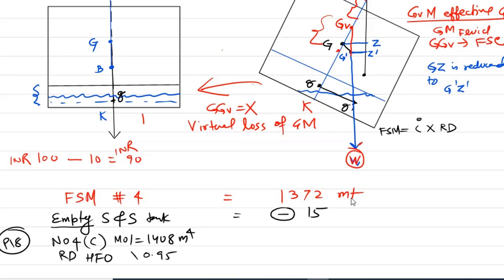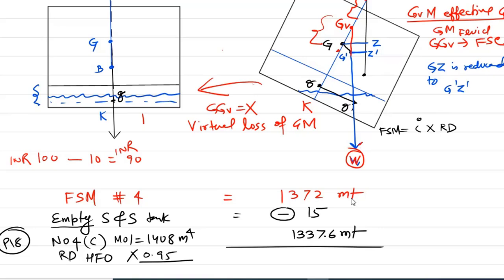On board ship, actually, you need to ask the engine room and find out what is the actual density. So 1408 into 0.95. How much is the moment? It would be 1337.6 metric. But this tank is empty, right? Because you know the capacity.